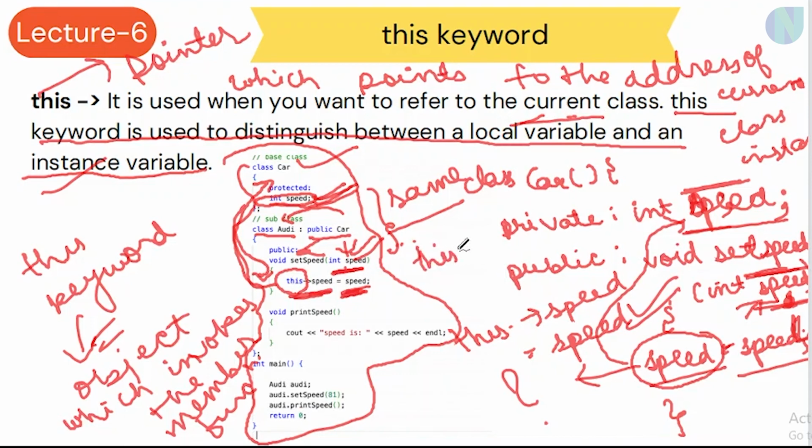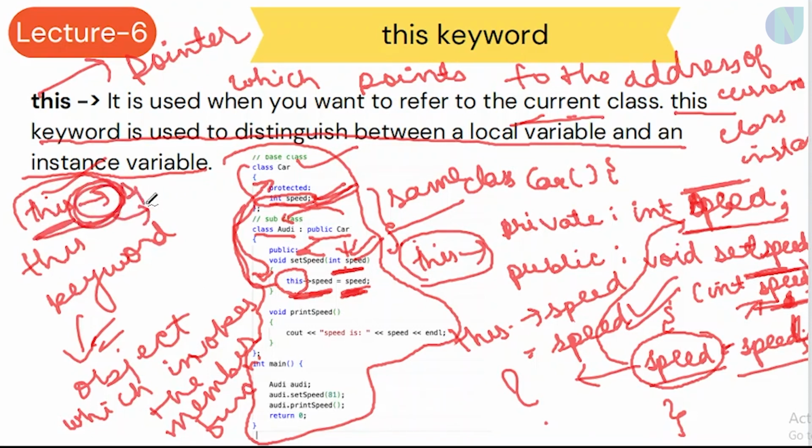We write it like this because this is a pointer variable, and whenever a pointer points to anything we can use this arrow symbol. Since this is a pointer variable, it uses the arrow symbol and points to the particular variable. So whenever we want to distinguish between a local variable and an instance variable, we use this keyword.